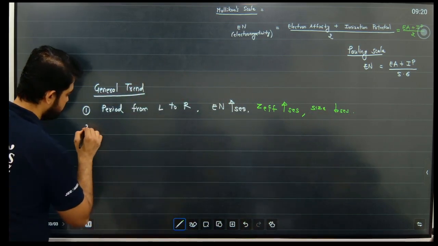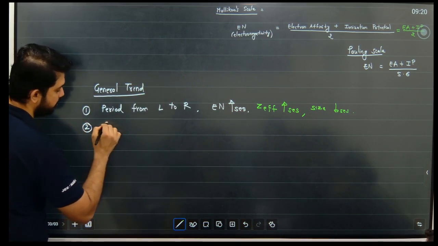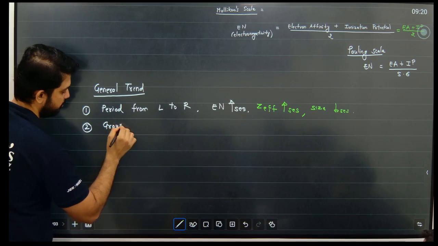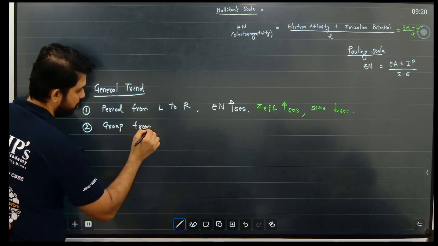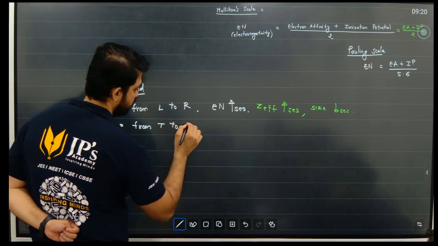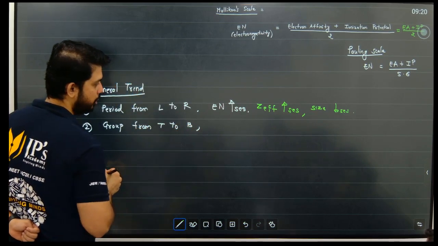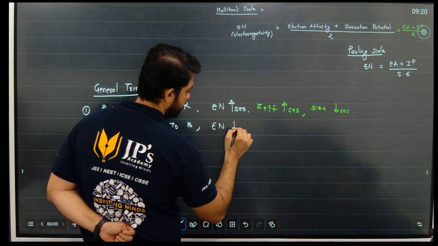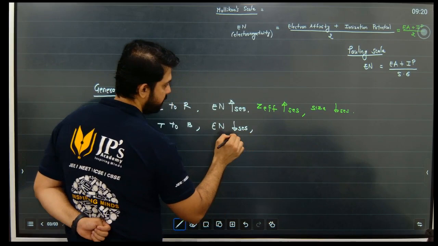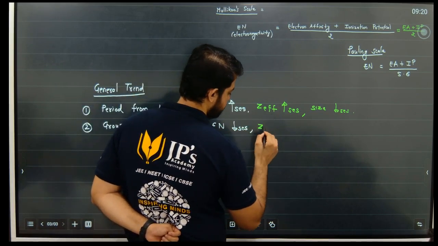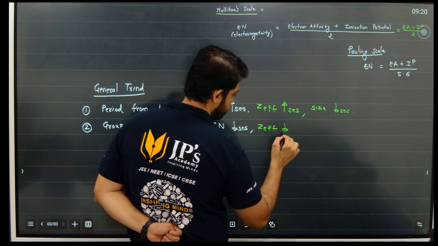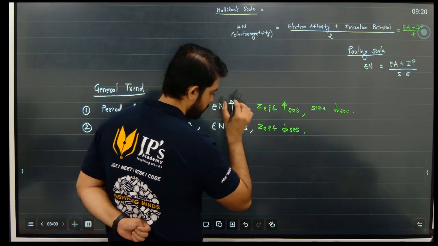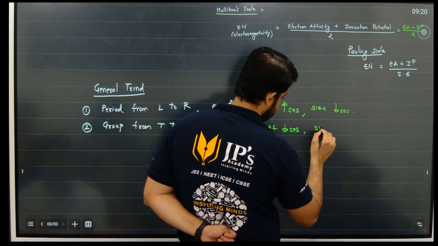Similarly, if I want to know the general trend in a group from top to bottom, क्या लिखेंगे हम? What do you think happens to electronegativity? Electronegativity decreases. Why? Because effective nuclear charge and size increase.